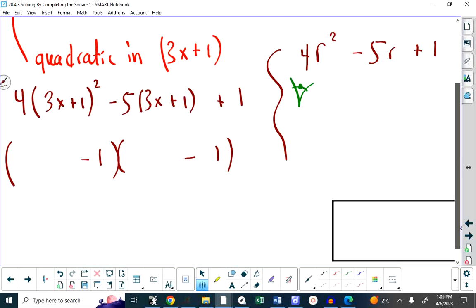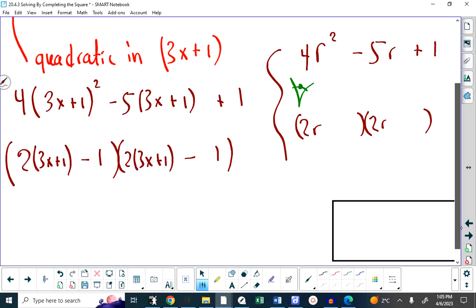Our first suspicion, just like over here, would be to go 2r and 2r. So we would think it's 2 times the 3x plus 1 and 2 times the 3x plus 1. But if I do that, my outer and inner are each going to be negative 2 times 3x plus 1.